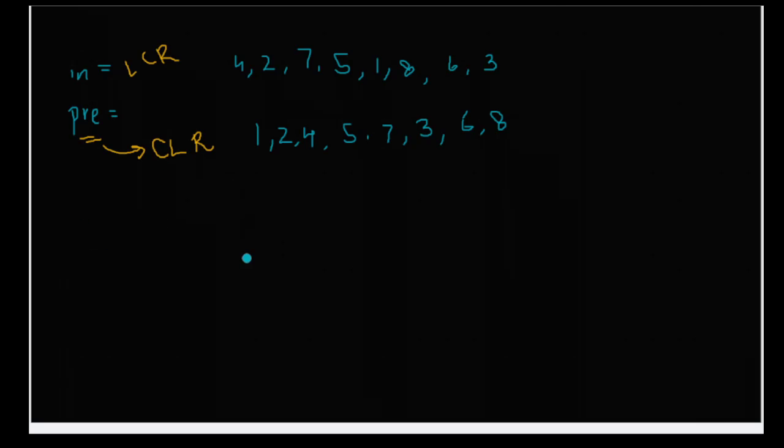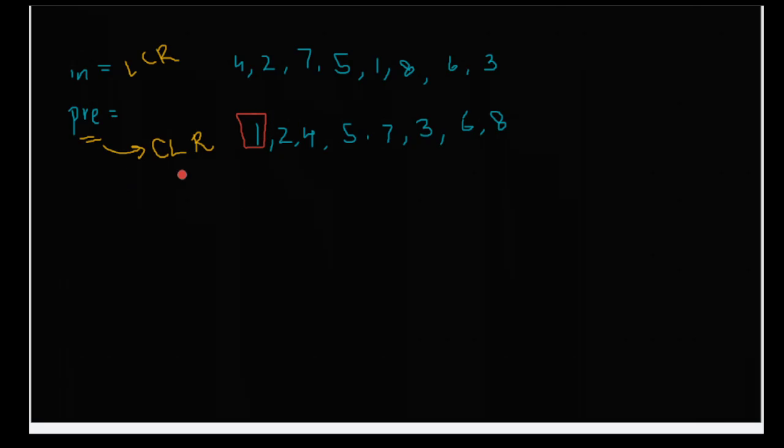Now coming to how we'll approach this problem. We know the limitations, or how things are to be. In pre-order, the first element, that's C, is the root of our tree.